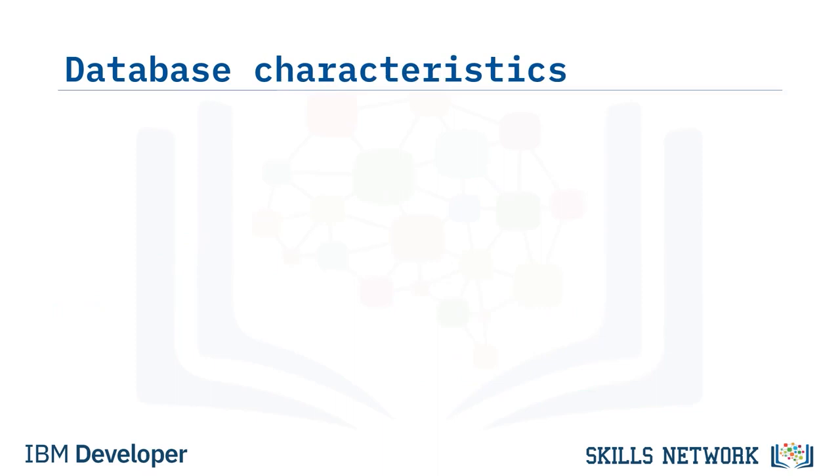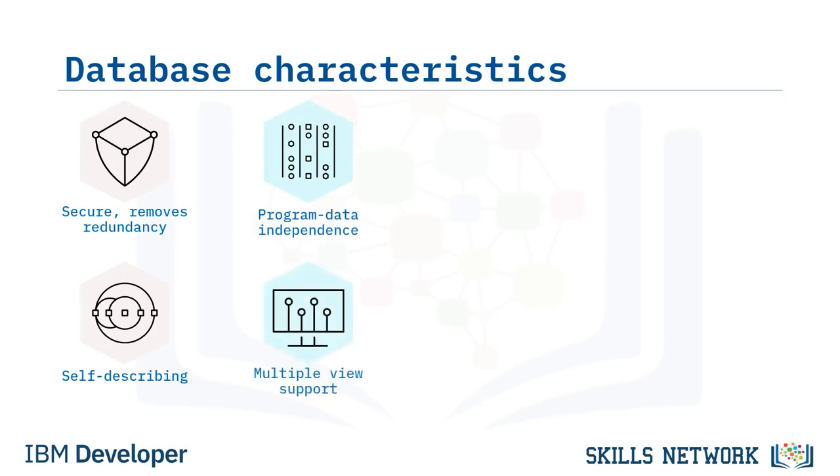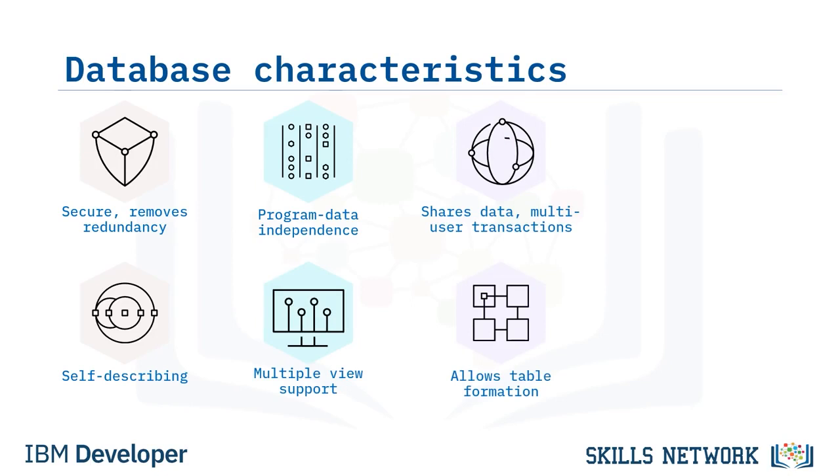A database management system, or DBMS, has the following characteristics. It provides security and removes redundancy, has the same self-describing nature as a database system, grants program data independence, meaning there is insulation between programs and data abstraction, supports multiple views of the data, shares data and multi-user transaction processing, allows entities and relations among them to form tables, follows the atomicity, consistency, isolation, and durability or ACID concept.